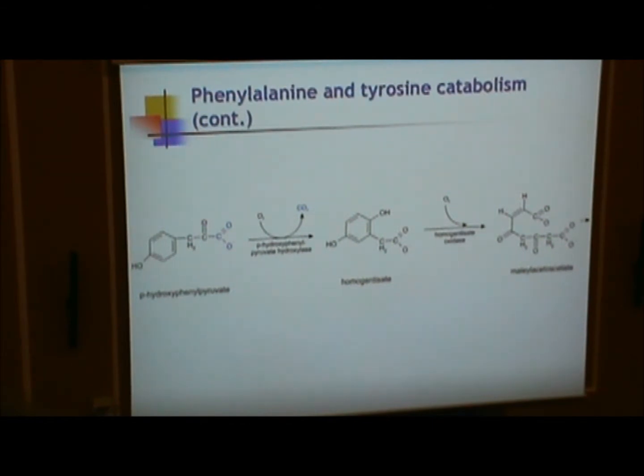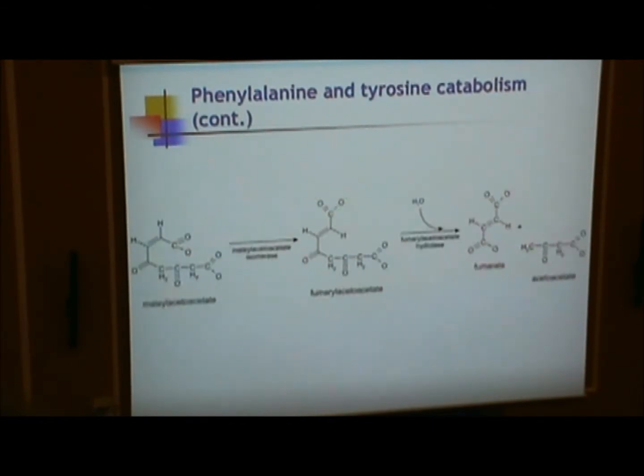What happens in the next step? In the next step, the product of the former reaction, maleylacetoacetate, under the action of maleylacetoacetate isomerase is converted into fumarylacetoacetate.